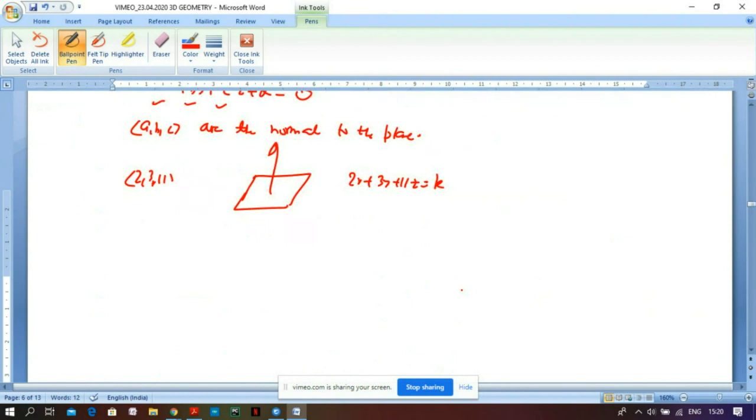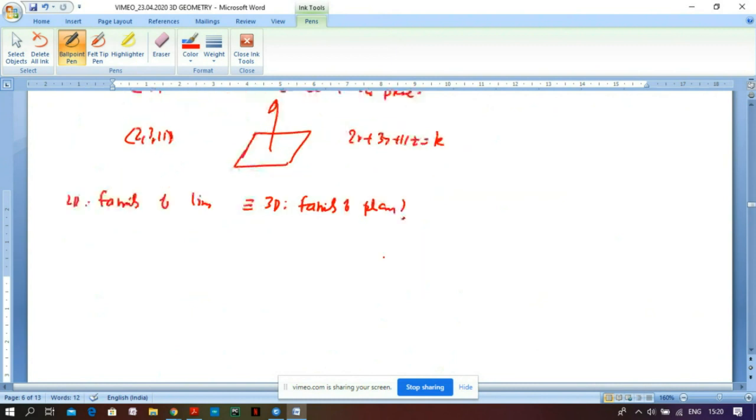The other topic will be the family of planes. You have read the 2D family of lines; it corresponds to the 3D situation of a family of planes.